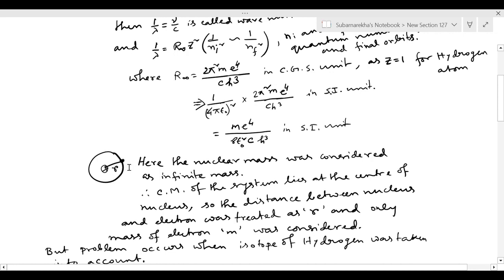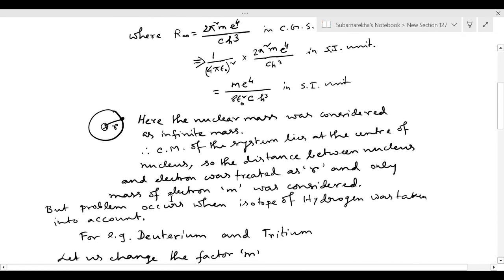Now the question arises when we shall consider the masses of different atoms excluding hydrogen. The query arises from the spectral analysis, because the analysis was not supporting Bohr's theory. The analysis was coming from the spectral nature of deuterium and tritium.